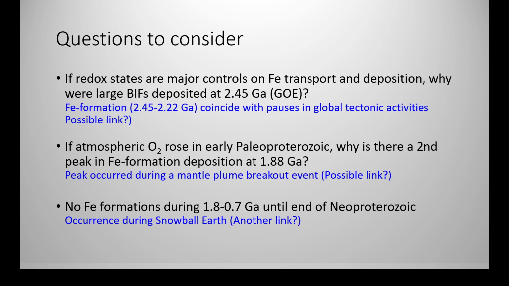So questions to consider: if redox states are major controls on iron transport and deposition, why were large banded iron formations at 2.45 billion years ago? Well, one possible link could be the pauses in global tectonic activities.